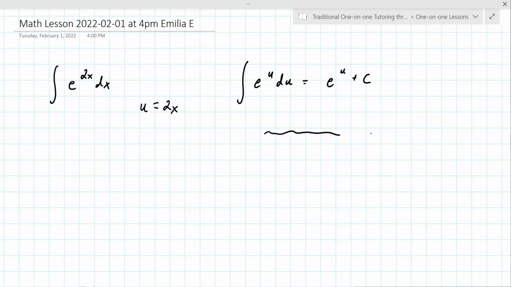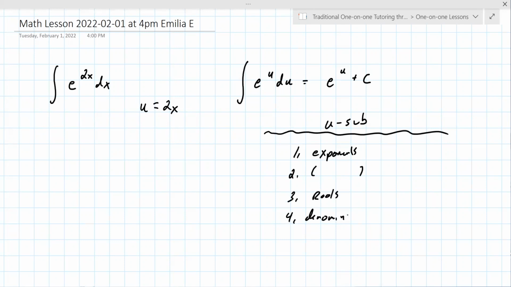So kind of off to the side here, what are your u substitutions? They are generally things that are exponents, things that are in parentheses, or under a square root. Yeah, roots, denominators, but it's all kind of a guess. And if you guess right, it leads to a simpler problem.